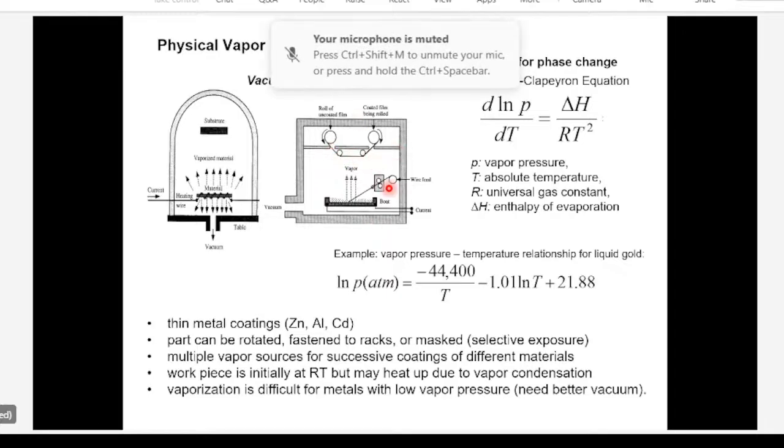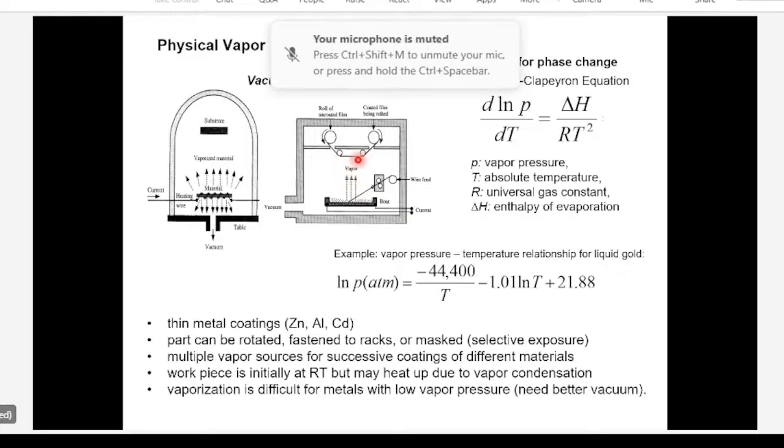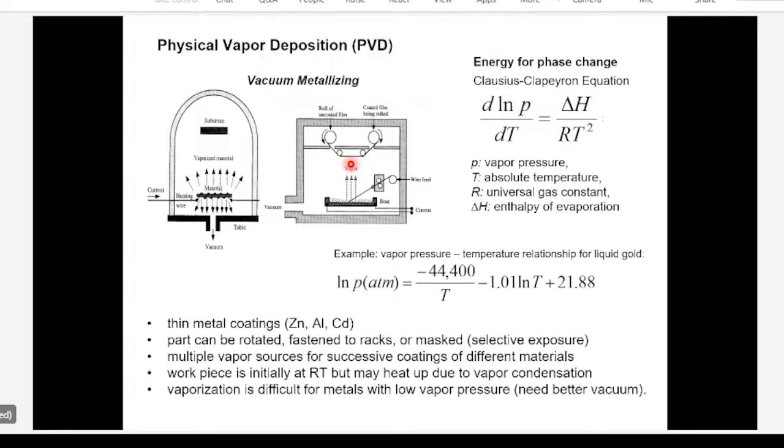And this must be done under vacuum because you don't want air molecules to scatter the vapors of the atoms. Now, because the deposit thickness is extremely small, when the vapors condense, they don't generate too much heat. So there is no danger of paper or plastic getting burned by the heat released from the deposition process.